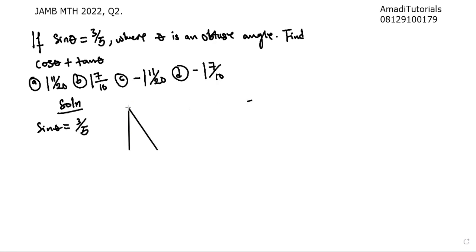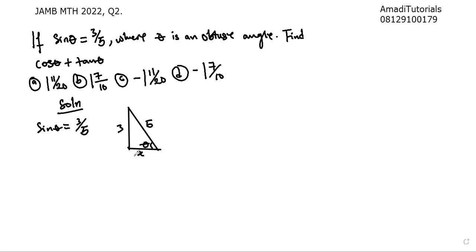Then, so sine is opposite over hypotenuse. If here is your theta, here is the opposite. So here will be 3, hypotenuse 5. Hypotenuse is the longest side. So how do we find this other side?